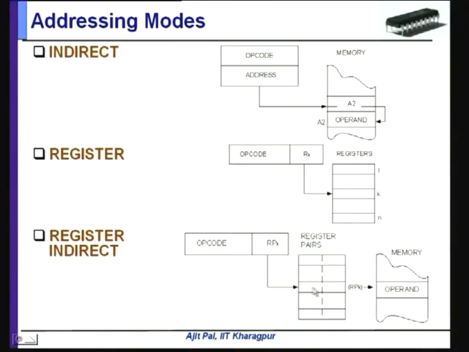So, you will require a pair of registers to provide the full address. As you can see here, a register pair is holding the address, and that address can be used to fetch the operand. So, the effective address here is coming from the registers. This is how in different situations the effective address is generated.